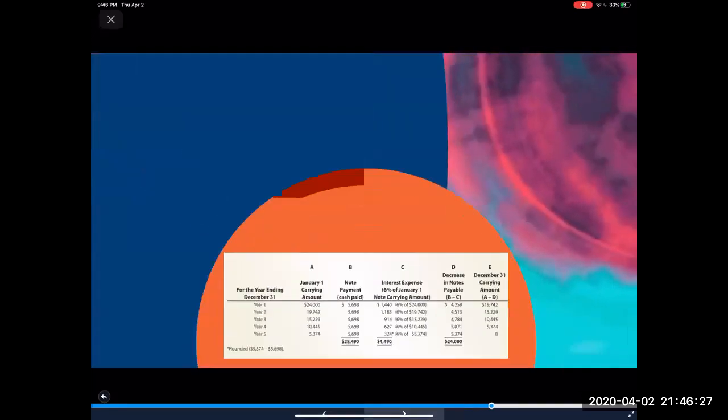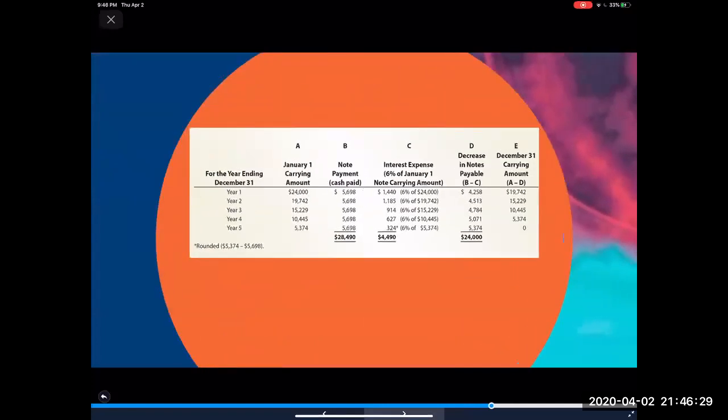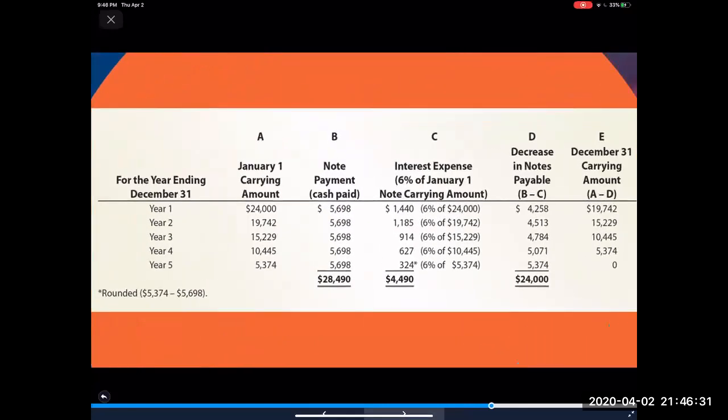In this next slide, I love this slide because it gives you a payment schedule. I can guarantee you that if you ever took out an installment loan or some kind of loan, every lender will provide you with this. I bought a house, and I have a 30-year fixed mortgage.